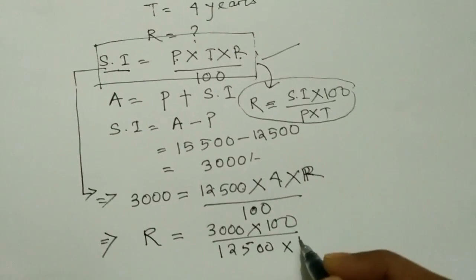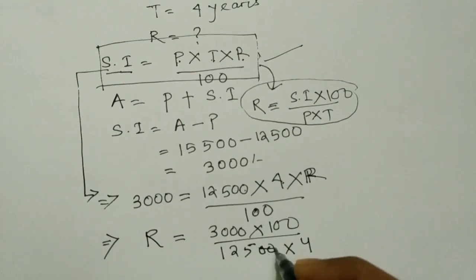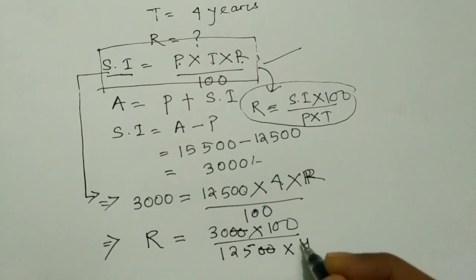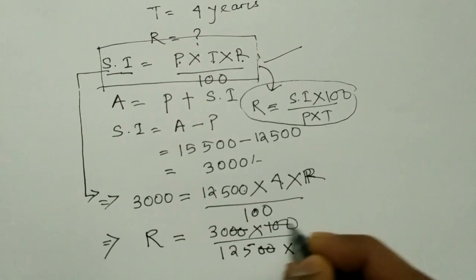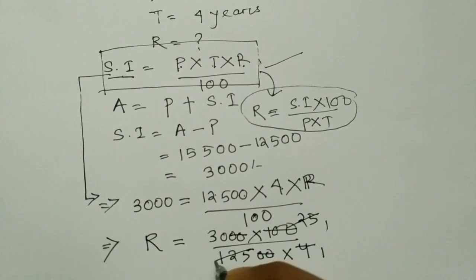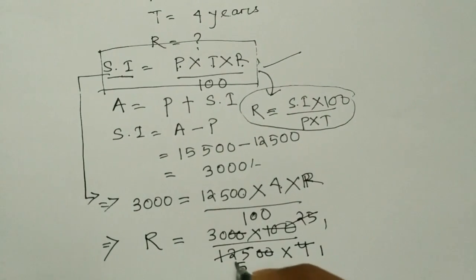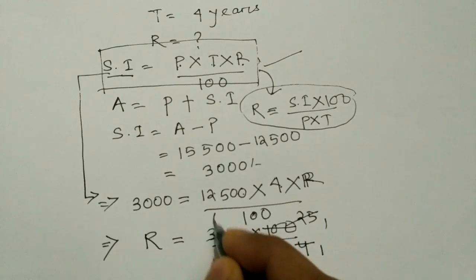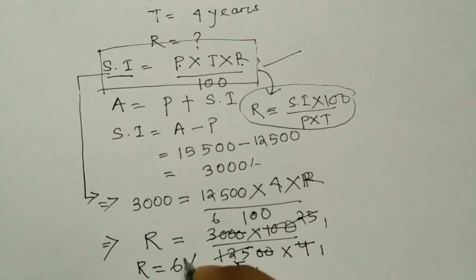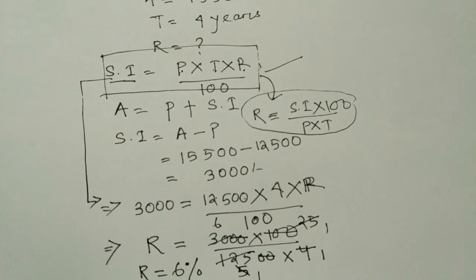We can cancel 20 with this 20. 4 ones are 4, 25 fours are 100, 25 ones are 25, 5 fives are 25, 5 ones are 5, and 5 sixes are 30. So the value of R will be 6 percent.